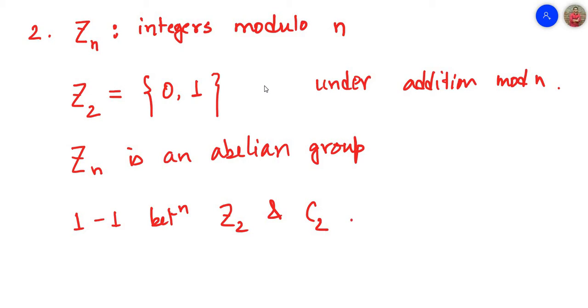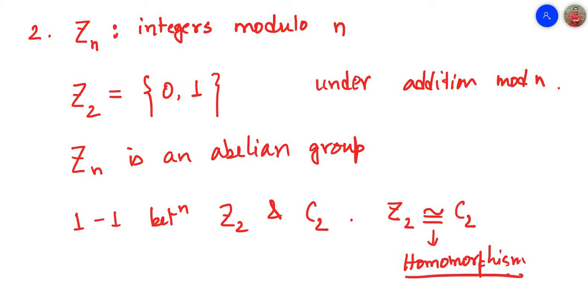This thing, which we'll now name and later explain, is called the homomorphic relation. This is written as Z2, this symbol, C2, and this is the symbol of homomorphism.